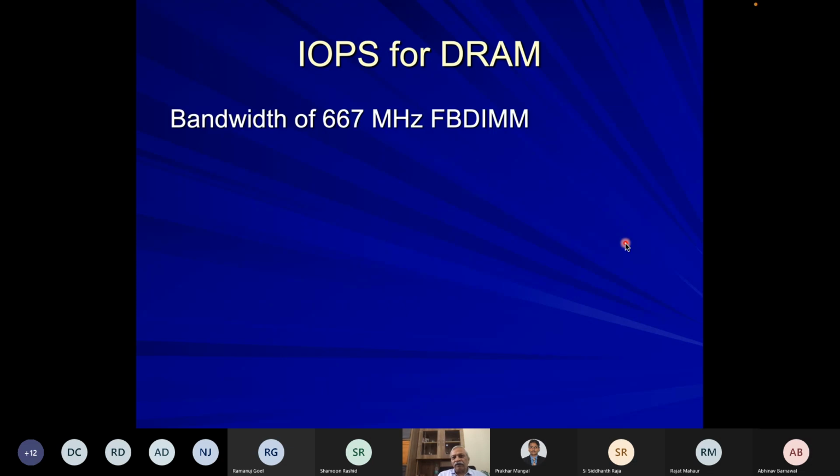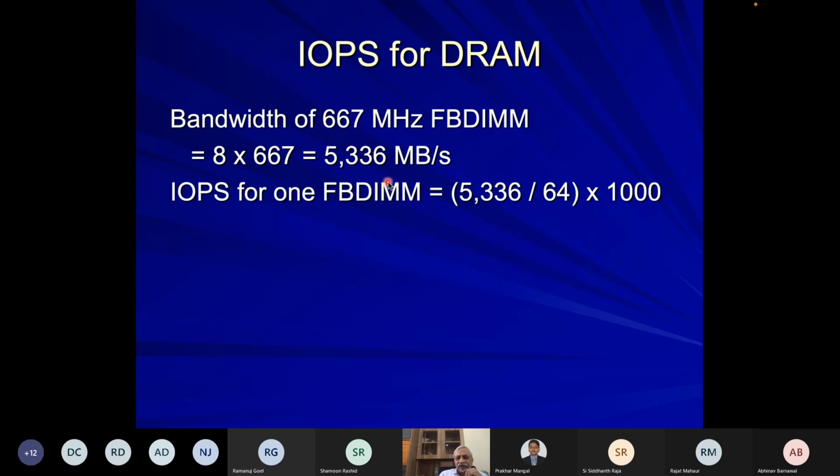Now, memory limitation. Memory is running with a clock of 67 megahertz, and there are 8 modules, so you get that much. Dividing this by 64 kilobytes, you get the number of IOPs that these 8 memory modules can sustain.